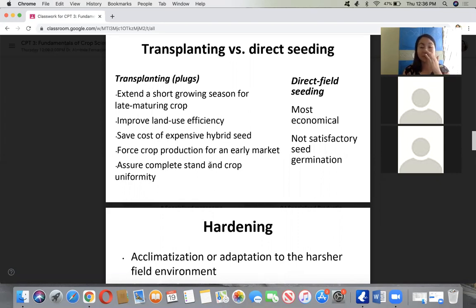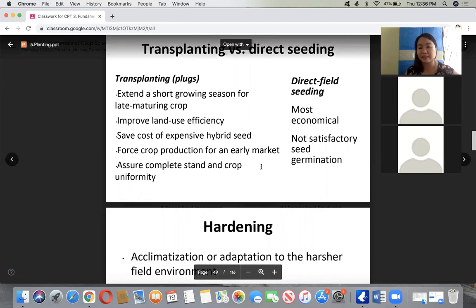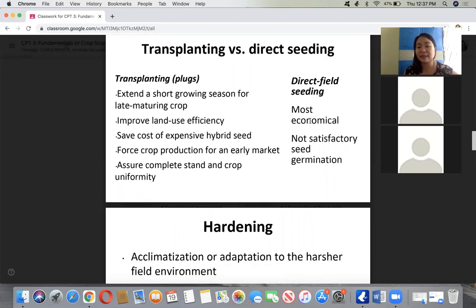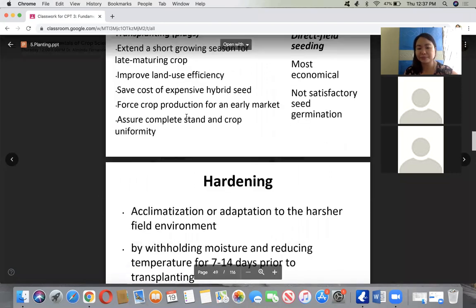If you want to produce earlier, you can plan it through transplanting and assure complete stand and crop uniformity, so everything is ready at the same time. Unlike direct field seeding, which is most economical because there is not much labor, but its germination is not the same as transplanting.